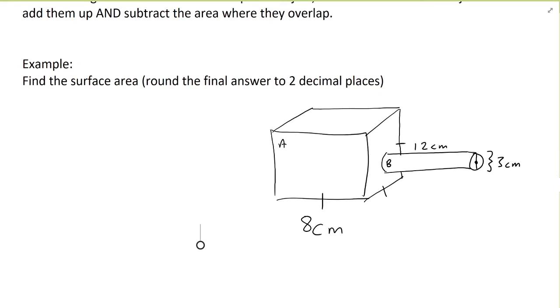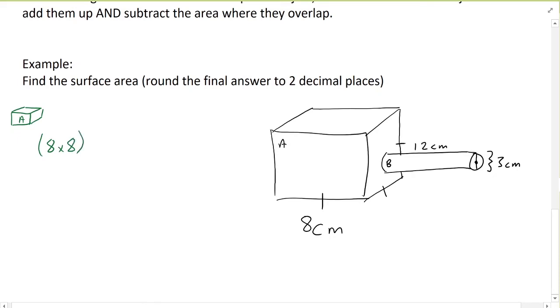Let's start with the first object, which was this rectangular prism, this cube, object A. Now the area of one of its surfaces, because its length, width, and height are all 8 centimeters, is 8 by 8.